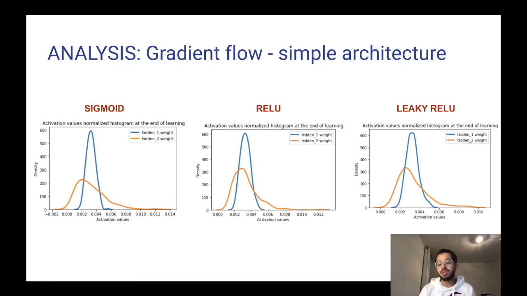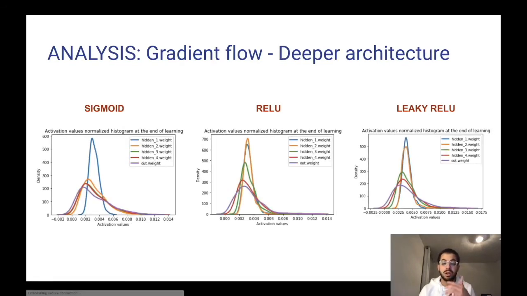So when we tried the same experiment on a deeper architecture, that is the second network we designed, we can see that the notable difference is in the sigmoid function, where the gradient is much lower at the second layer, and then it evolves really, really slowly.